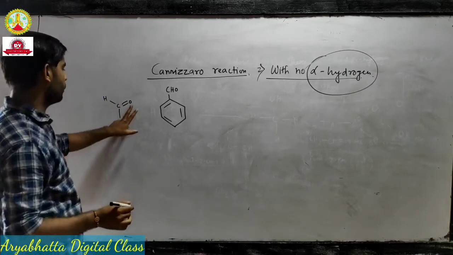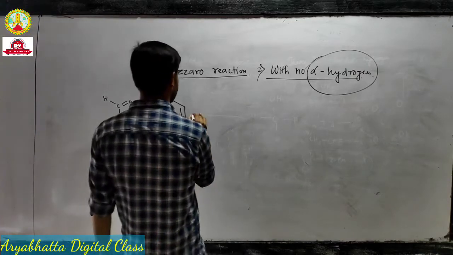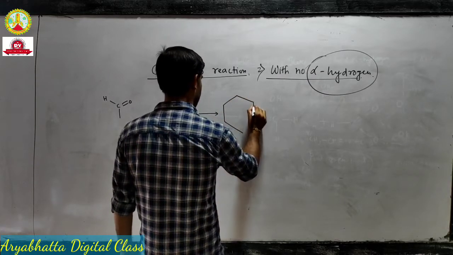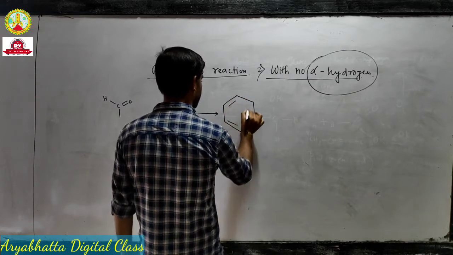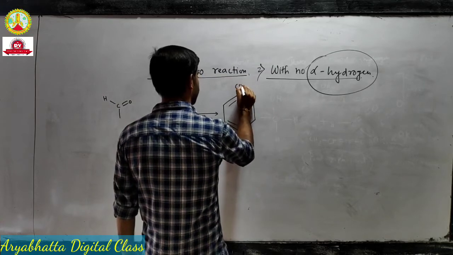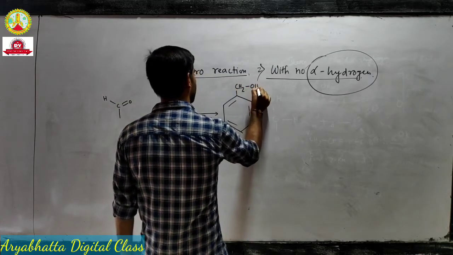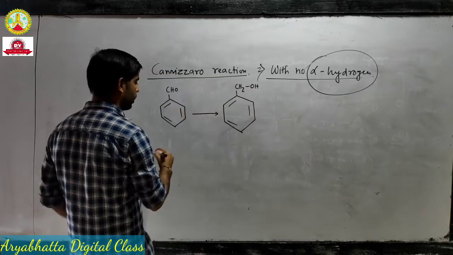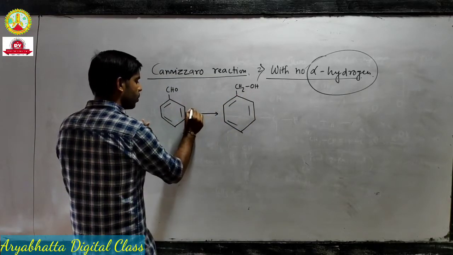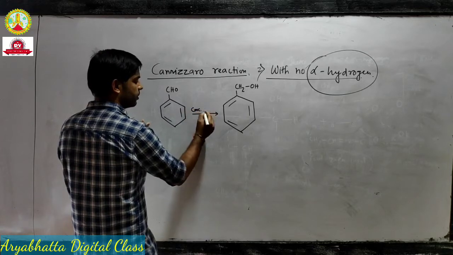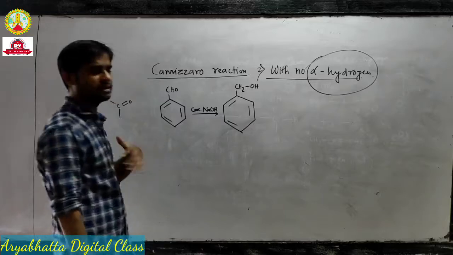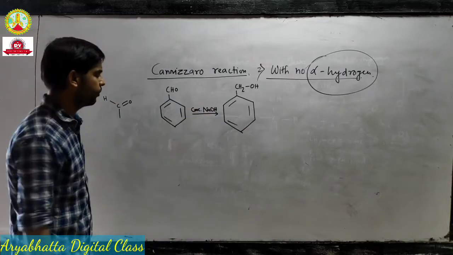So what we'll do is add hydrogen. One hydrogen will make it CH2OH, benzyl alcohol. Now we will need concentrated KOH or NaOH. Suppose I take NaOH this time. Last time I took KOH. This time I am taking concentrated NaOH.